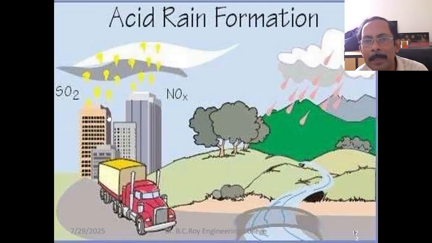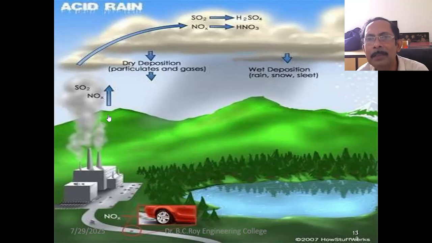So sulfur dioxide and nitrogen dioxide gas mix in the air. Vehicular emission produces, first of all, nitric oxide, followed by formation of nitrogen dioxide gas, and that produces nitric acid, whereas thermal power plant emission produces sulfur dioxide gas, and in the long run it produces sulfuric acid by different steps of reactions.